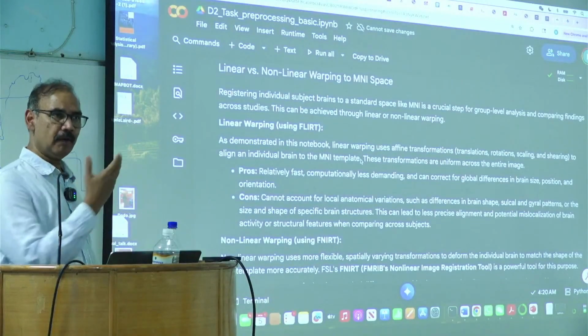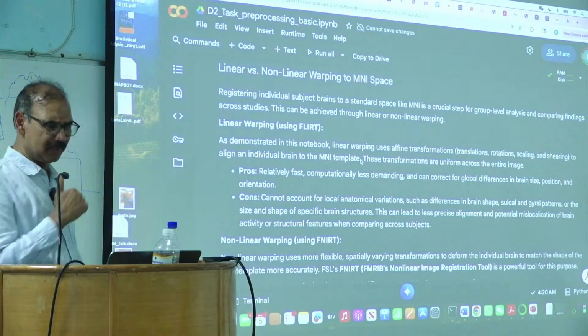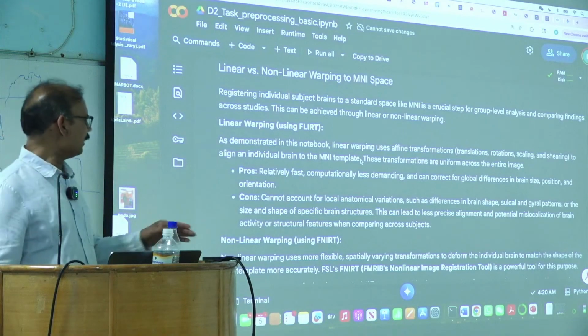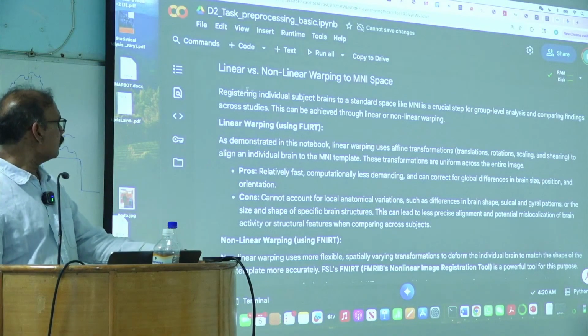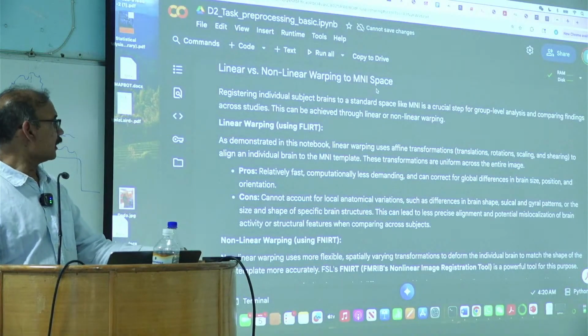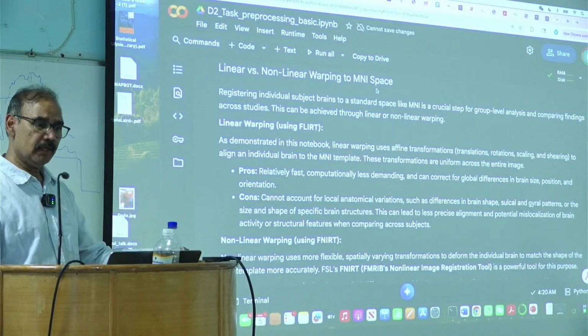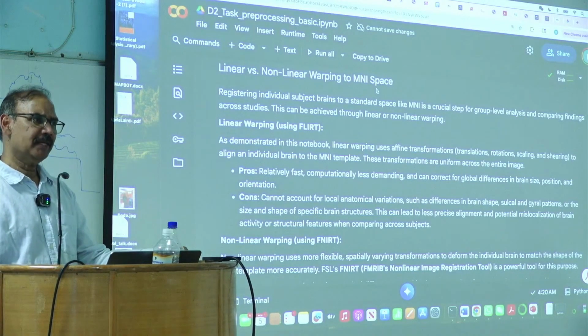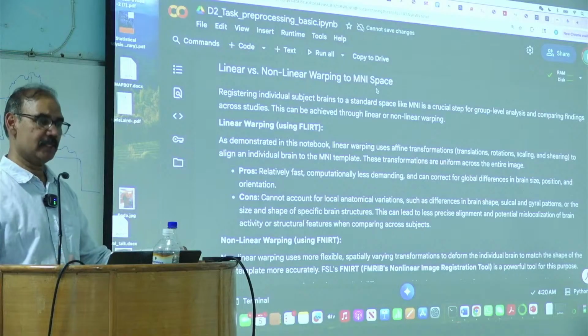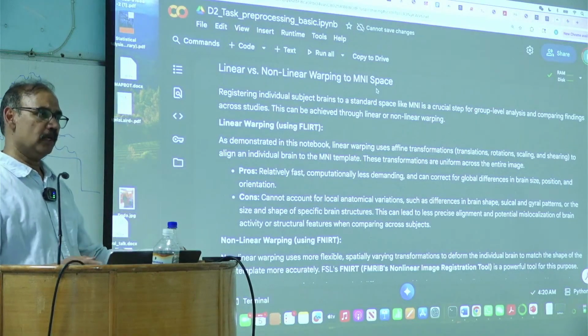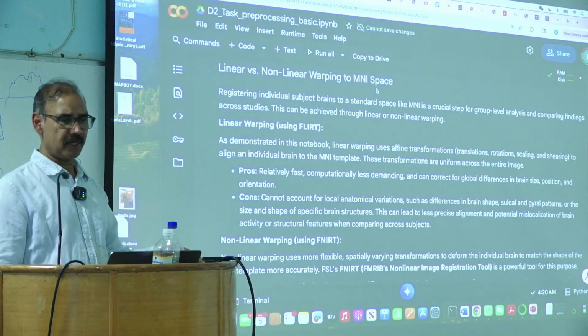Also, I don't think we'll have time, but there are both linear and nonlinear warping schemes for MNI space. I typically like to use linear because going back and forth is fairly straightforward.